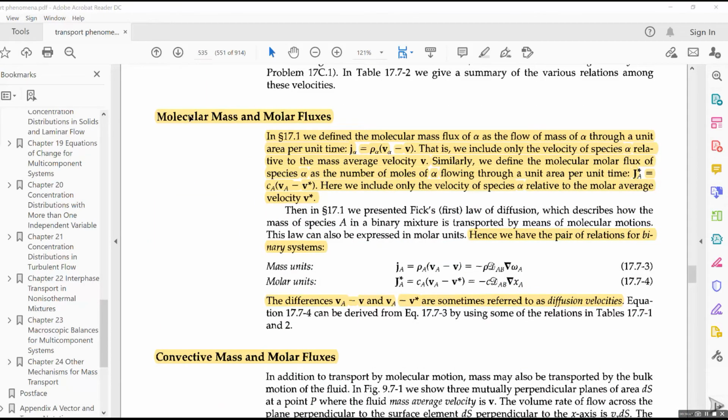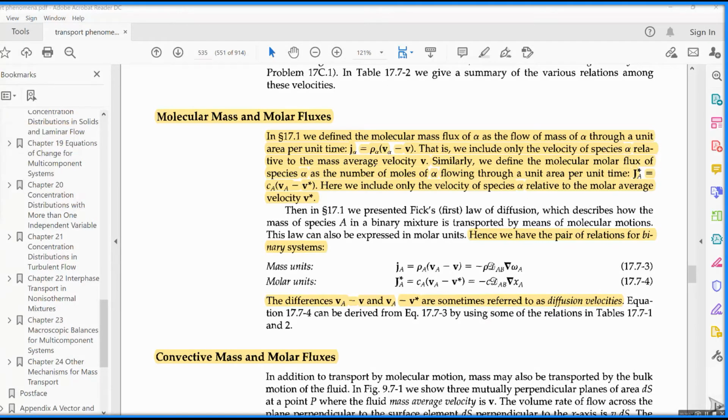In here we go to the chapter section, molecular mass and molar fluxes. Before we define, if you remember, J alpha was rho alpha multiplied by V alpha minus V, which gave the mass flux per unit area.